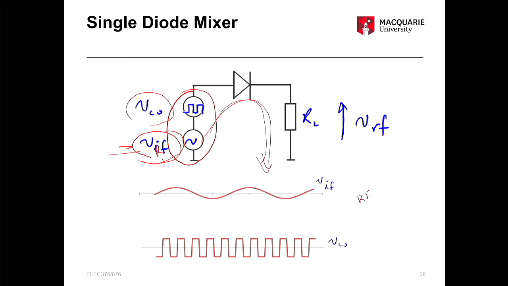RF and LO, if you mix them together, you will get IF. LO and IF, if you mix them together, you get RF. Not just RF, there will be a lot of other components. You can choose which one you want.